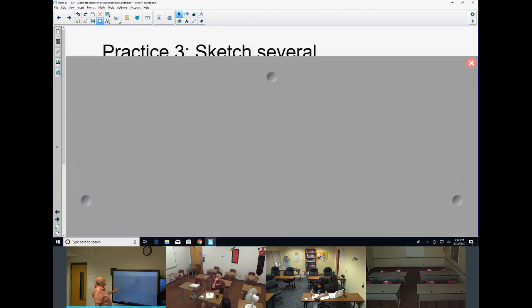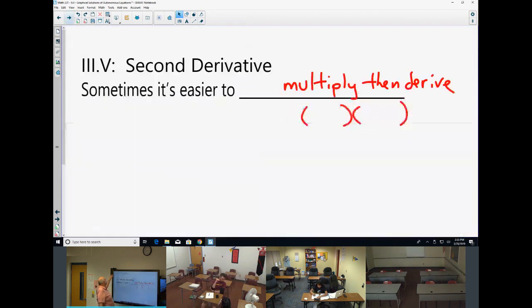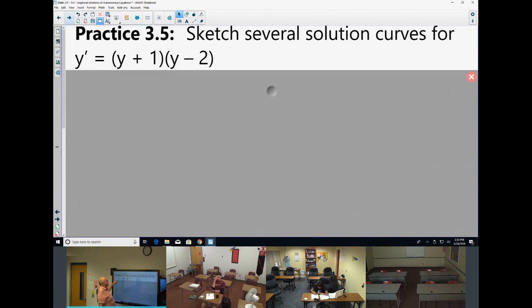So this practice. Okay. So when we're doing the second derivative, this again is a reminder: sometimes it's easier to multiply than derive so that you don't have to use the product rule. All right.